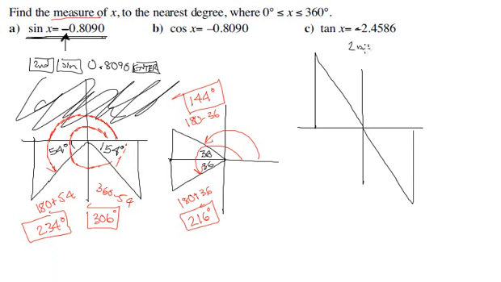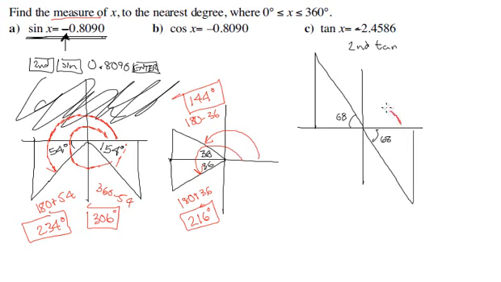I'm going to do second tan. Again, don't tell the calculator about the negative sign. Just go second tan 2.4586. You have to round it a little bit, but I get 68 degrees, which means we either have a 68 degree reference like this, or a 68 degree reference like that.